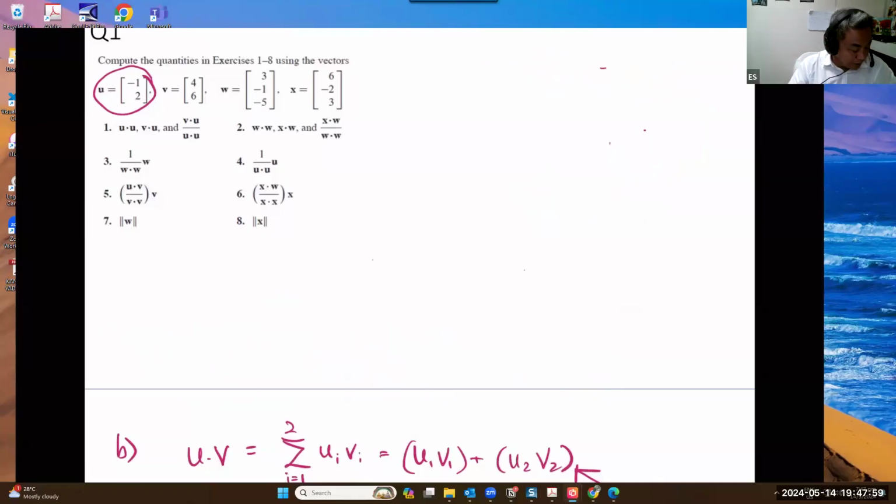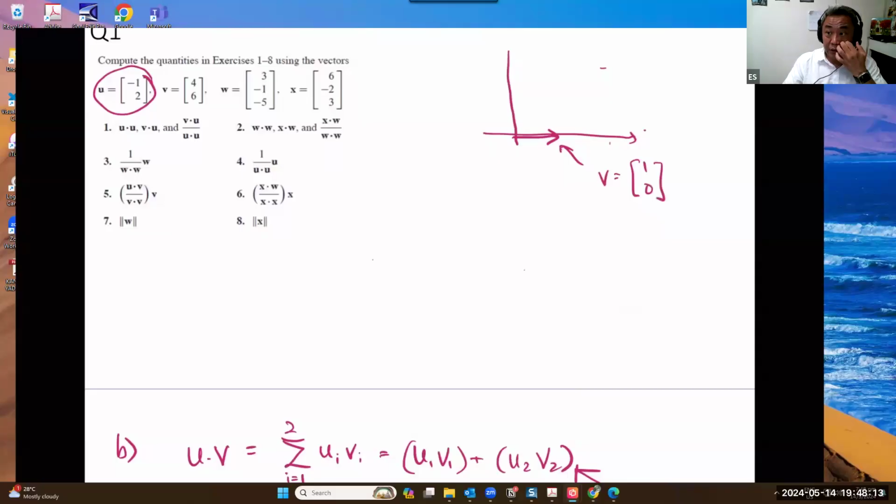Let me give you an example that is easier to understand. Let's have a vector called V that is (1, 0). So it is 1 along the horizontal x-axis and 0 along the vertical axis. I'm just drawing it on the axis. And the other one is going to be U, which is equal to (2, 2).